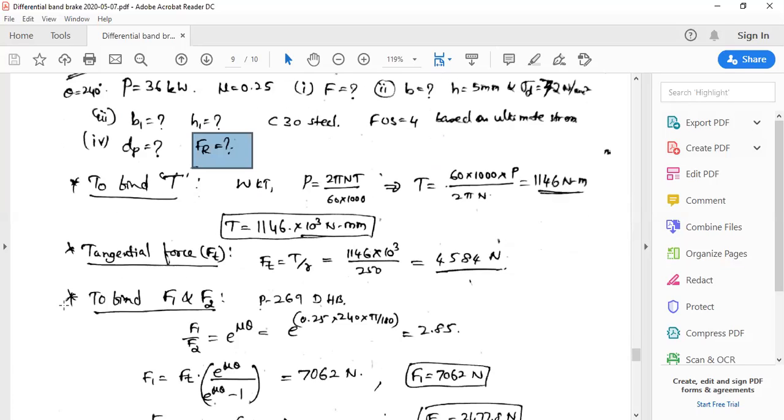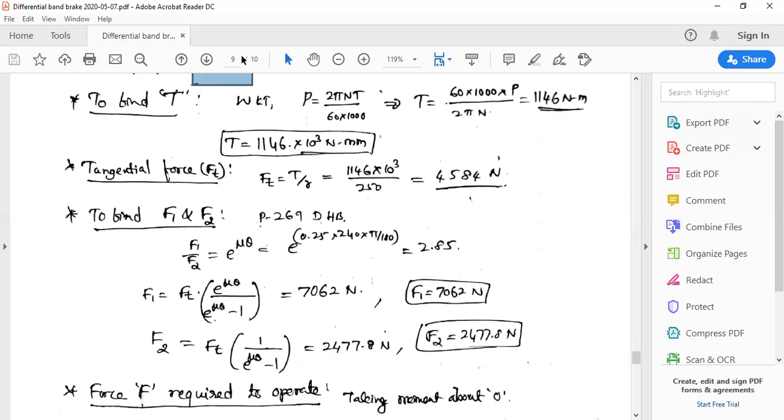Now we proceed according to the general design procedure. The very first step is to calculate the torque. To calculate the torque, we check whether the power value is given. Yes, it is given, so you can use the fundamental equation of power: P is equal to 2 pi NT divided by 60 into 1000. This gives 1146 Newton meter.